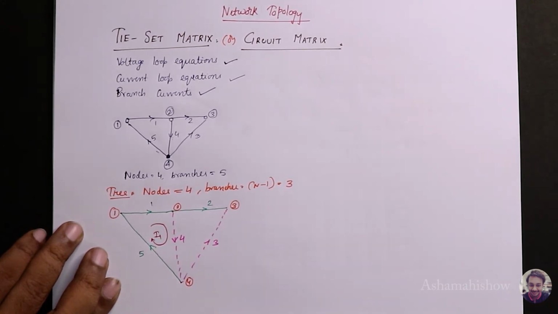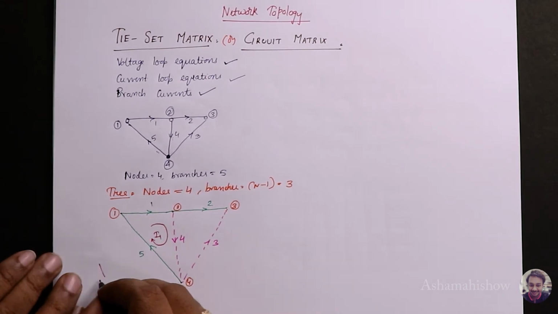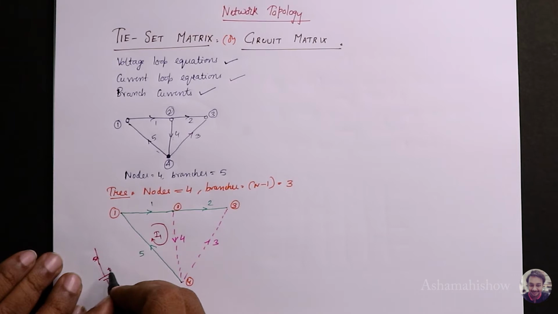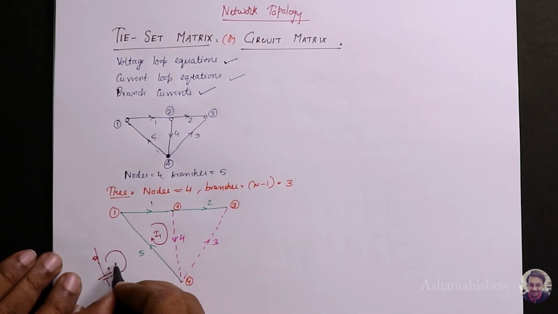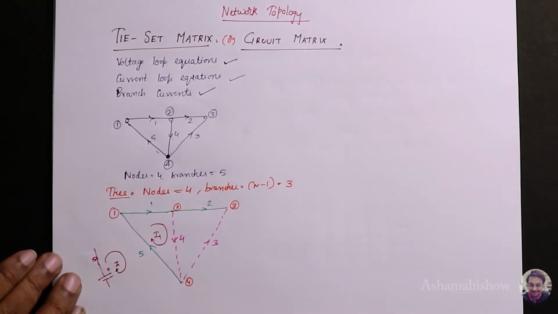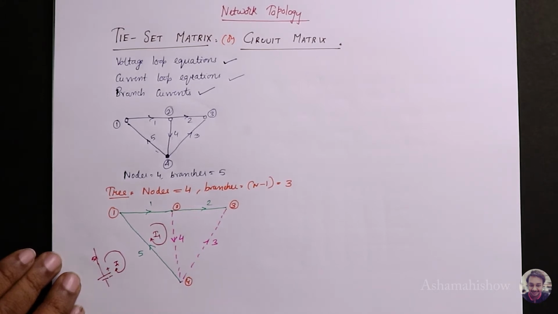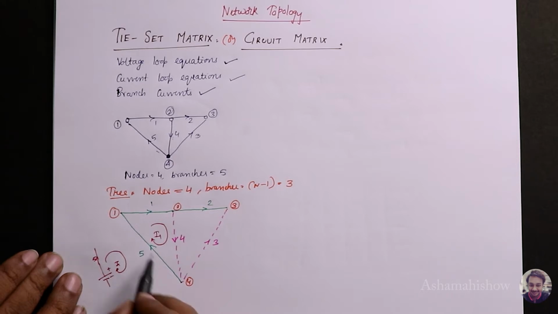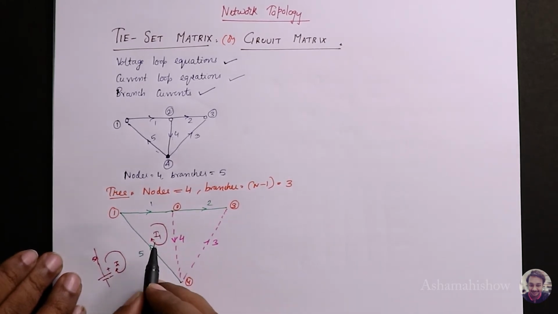If we have a voltage with plus and minus at the 5th branch like this, then the current is taken as I1, the same as in KVL. The orientation is taken the same way. I don't have a voltage source here, so I have assumed this direction.